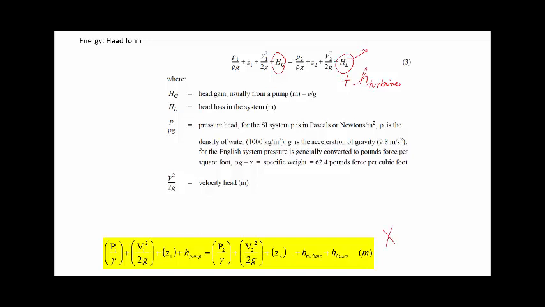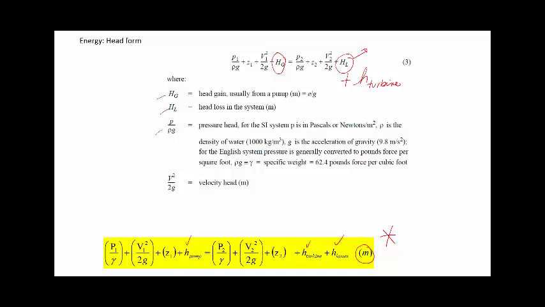So this is the expression that we use whenever we separate the pump. Here you have the losses, and then now you have the turbine. Remember that this is in the units of meters or feet, where you have the head gain due to pump. You have the head loss in the system due to elevation.